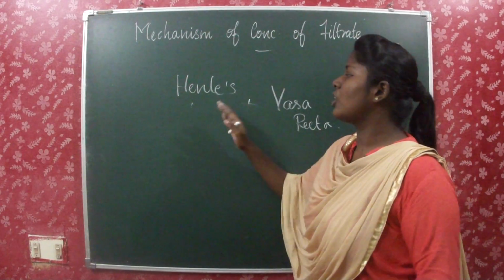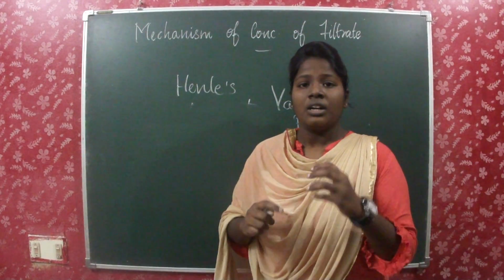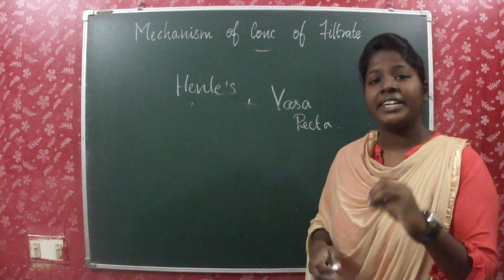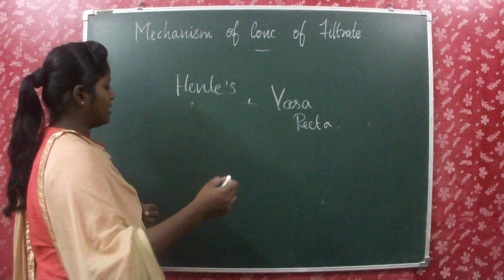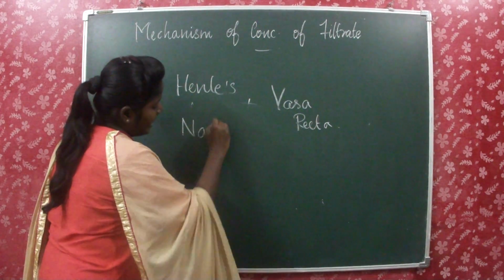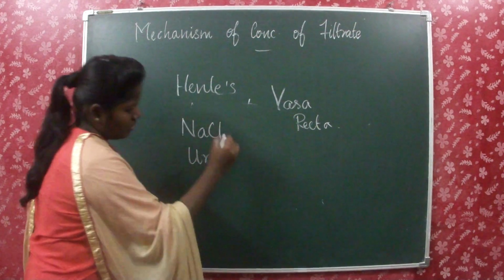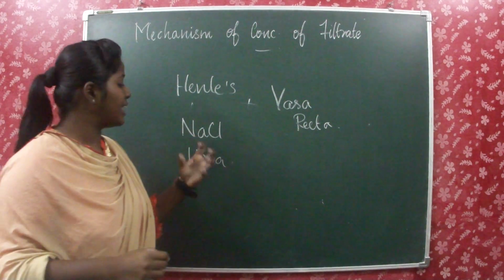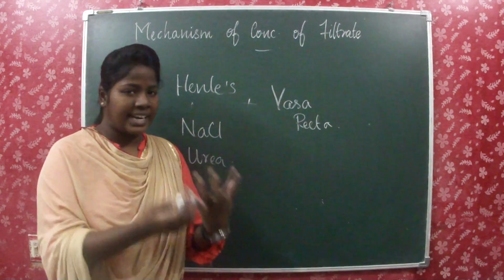This variation from 300 to 1200 is maintained by two important things, that is sodium chloride and urea. So sodium chloride and urea are the major things which help in maintaining this gradient.